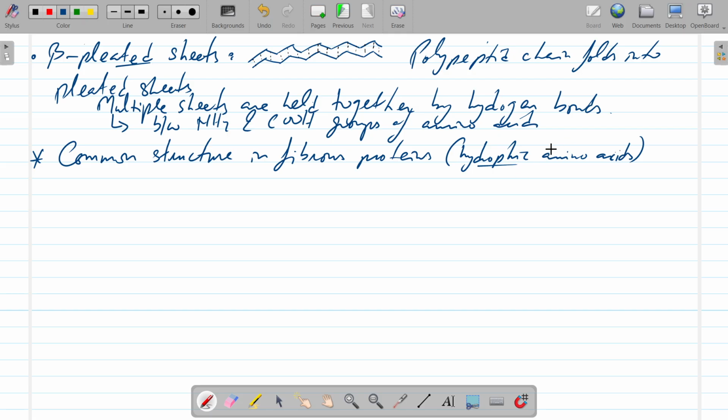What determines whether an amino acid is hydrophobic or hydrophilic? The R group. So if the R group has some polarity to it, then it will be hydrophilic, which means that it can be a solute in an aqueous medium, which basically means the blood and tissue fluid.